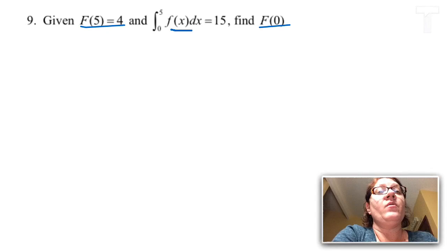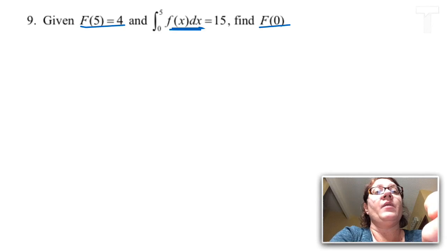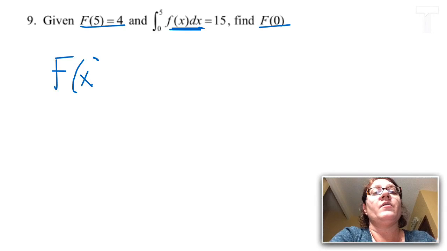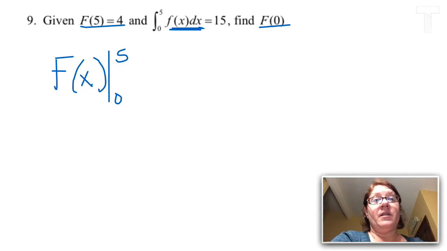And of course right now I have the first derivative of that original function, so I've got to get it backwards. So I'm going to take the antiderivative first, and the antiderivative is just f of x, and I have to evaluate it from 0 to 5. Remember, I'm not putting the plus c just because I know that it's going to cancel out when I substitute in.